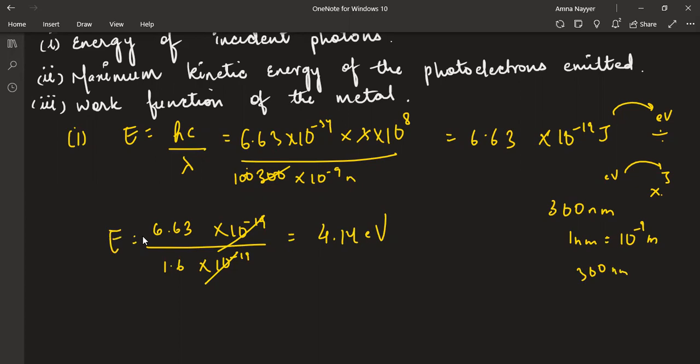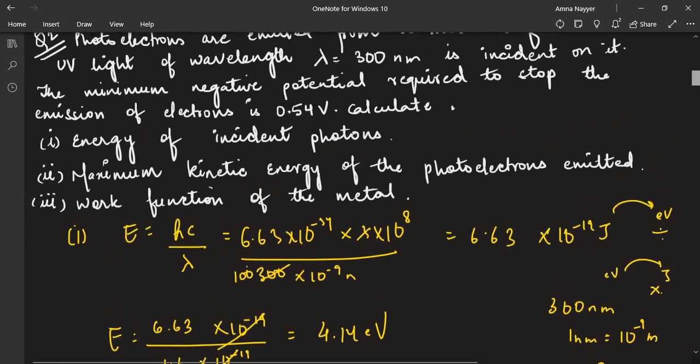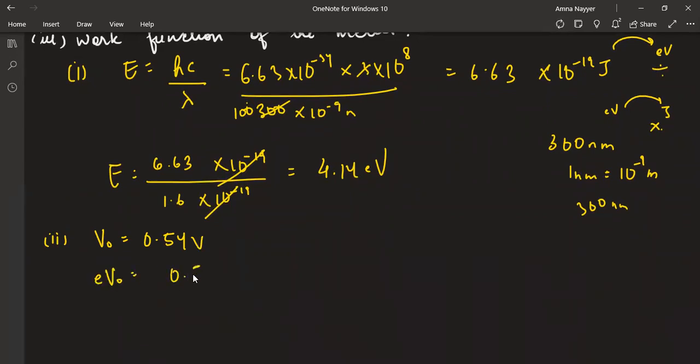Now, maximum kinetic energy of photoelectrons emitted. Stopping potential is given. What all data is given? Yes, stopping potential is given as 0.54 volt. So convert it, what will be eV naught? eV naught will be 0.54 eV.